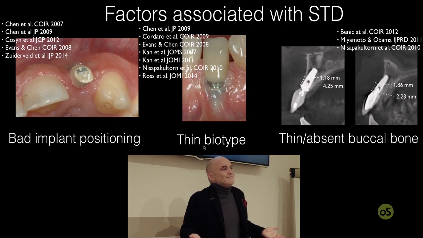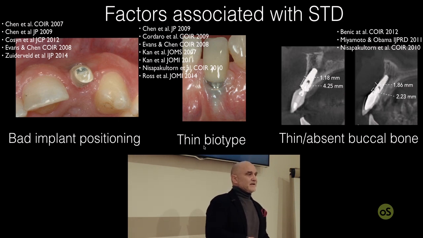So for sure, the thickness of the tissue is very important, but there is no patient that is thick enough for giving stability to the soft tissue margin at the level of the implant-supported crown.